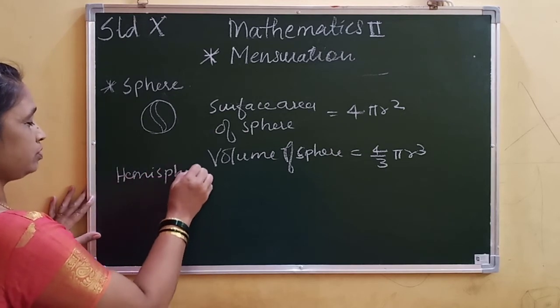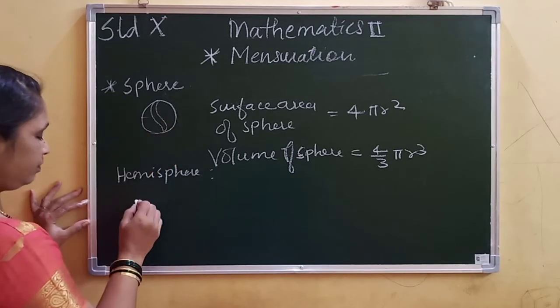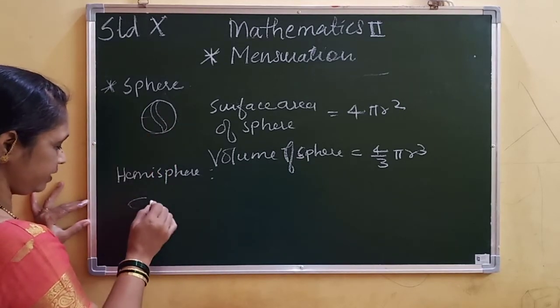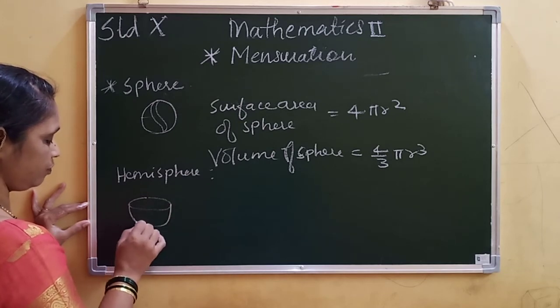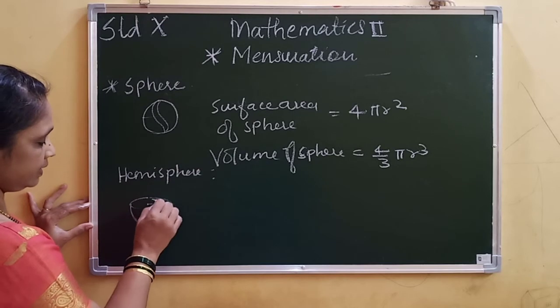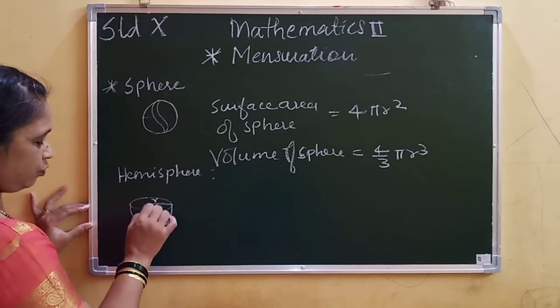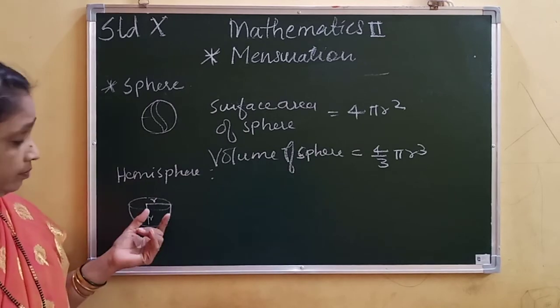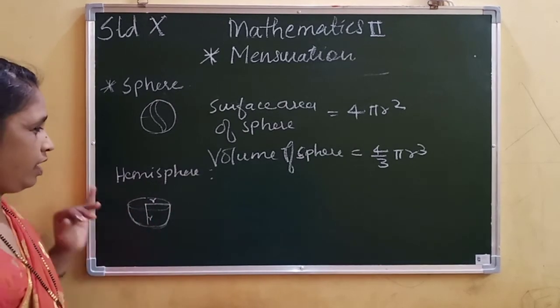Hemisphere. Now see, if you cut the sphere in the middle, the figure we will get, that is the hemisphere. If you cut the ball in the middle, we will get the figure, that is the hemisphere. Now see, this radius and this radius both are same. Now hemisphere, you have the curved surface area of a hemisphere.